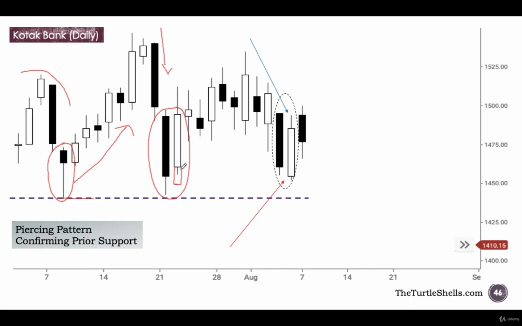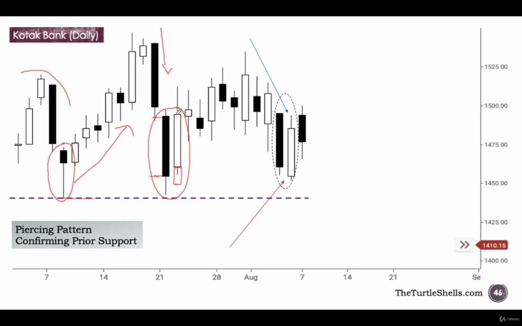But in this case, since the market itself opened within the black real body, it's a variation of a bullish engulfing pattern, but as powerful as one, because if the bears have gone short here, they are making money, and suddenly if they see the price gapping up with an open, and then closing even higher above where they went short, that's an even more negative sign for the bears.